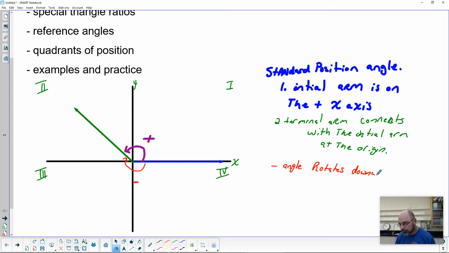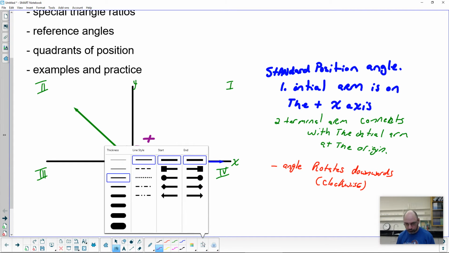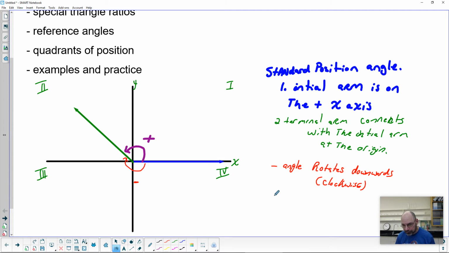Downwards from that x-axis, or clockwise direction. And then for the purple one, the positive angle is one that rotates upwards from the x-axis, and we can say that that's counterclockwise.